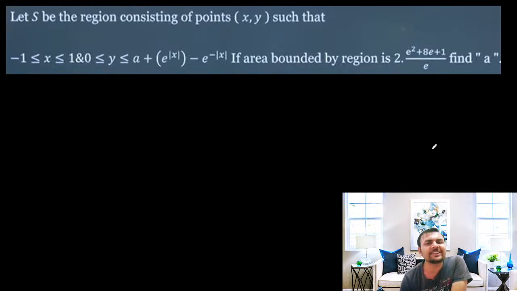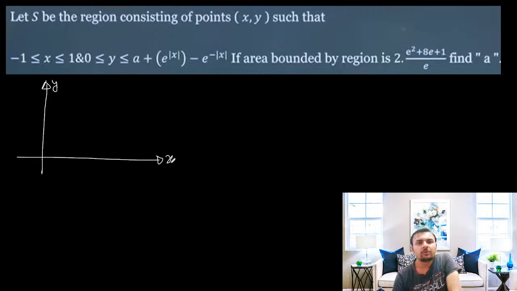Let S be the region consisting of the points x comma y, x is minus 1 to 1, y is 0 to a plus e to the power mod x. This is the area bounded by this, okay. So we have y, we have x.